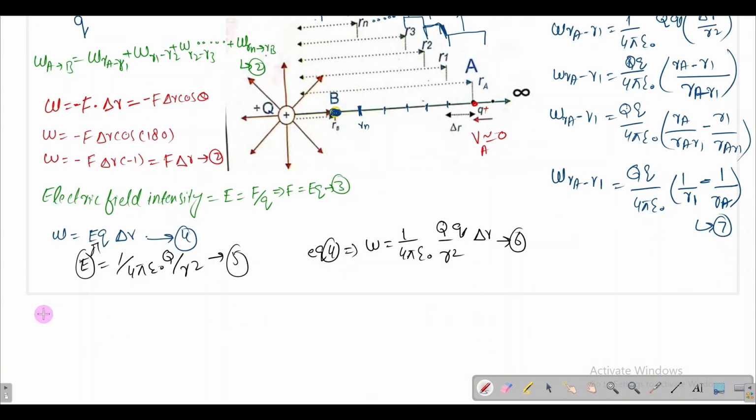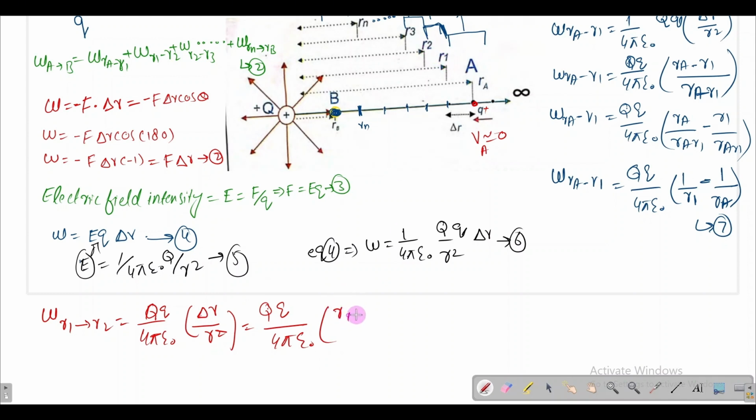From the general equation, it is equal to 1 by 4 pi epsilon naught, and this is actually Q and Q, and only the changes will occur in del R and the R square below. So Q by 4 pi epsilon naught, and del R in this case is now R1 minus R2.